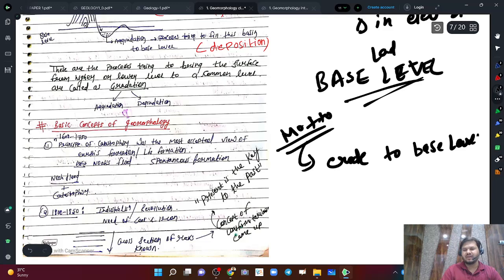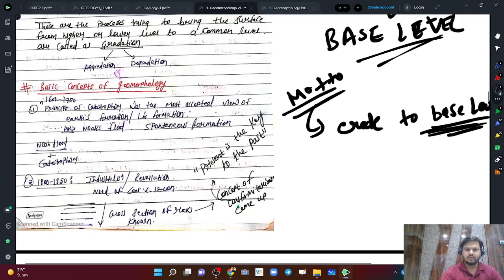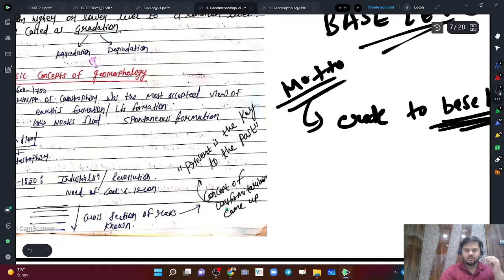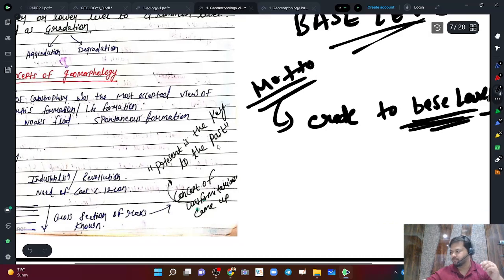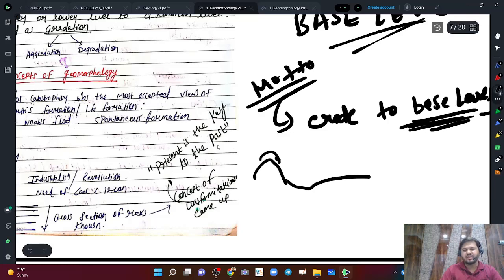And what is base level? Can anybody guess? Sea level. Yes, generally, if we correlate this globally, it is sea level, or it could even be a lake. Most of the rivers end up in an ocean or sea, so we call it sea level. But there are certain rivers which may end in a lake.